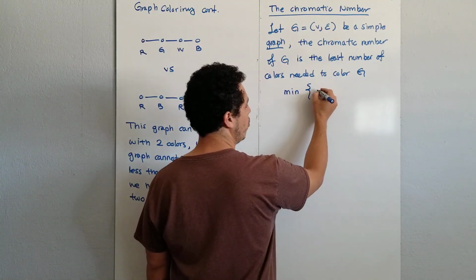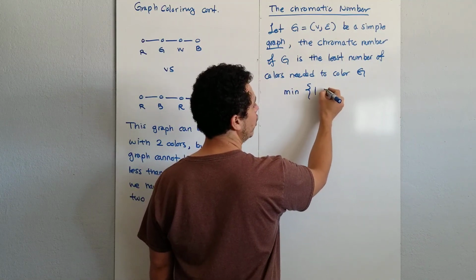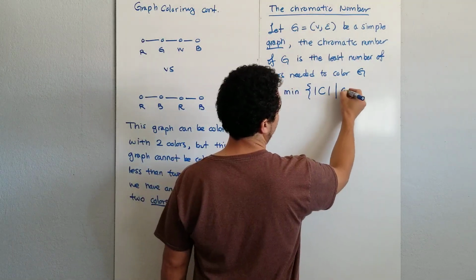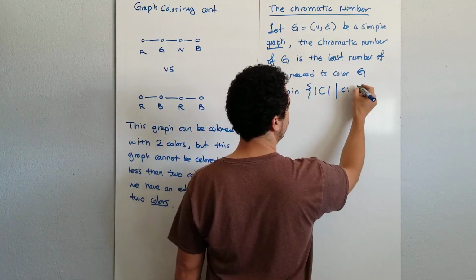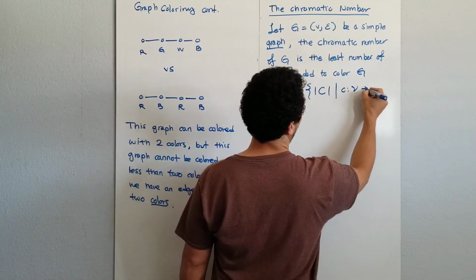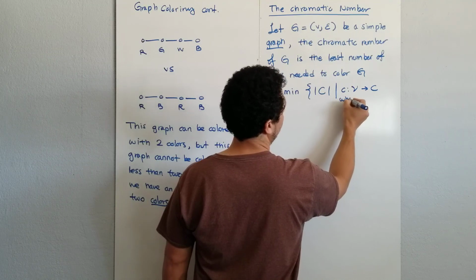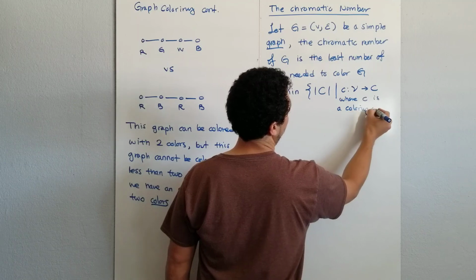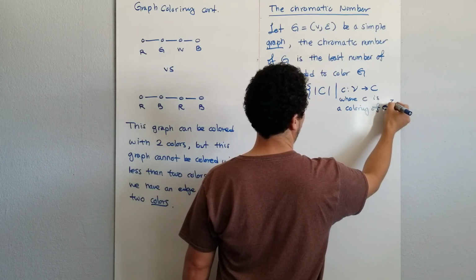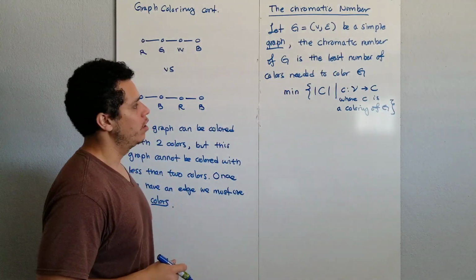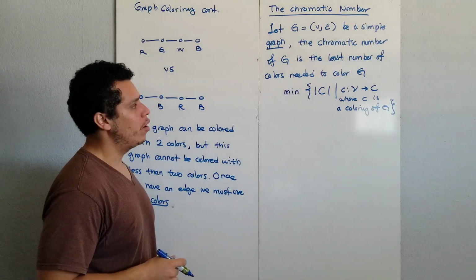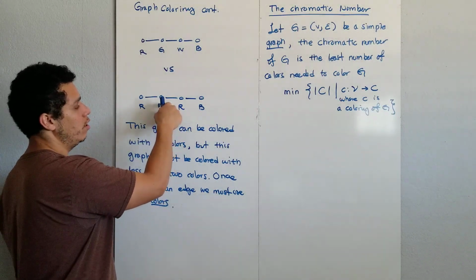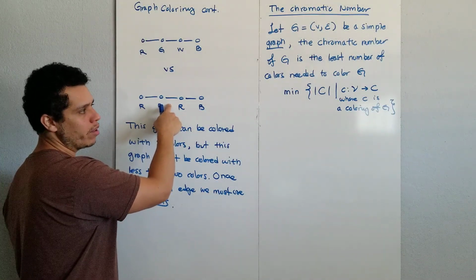Well, among the cardinality of the colors, where you have a coloring function from V to C, where C is a coloring of the G. So it is the minimum among that set. So in this case, the chromatic number of this particular graph is 2.